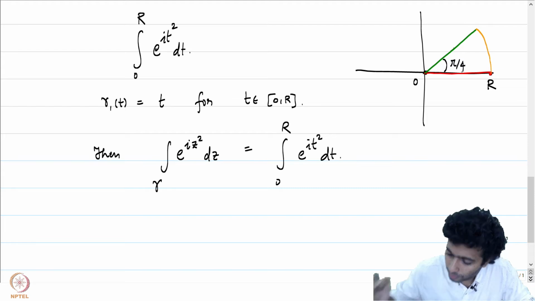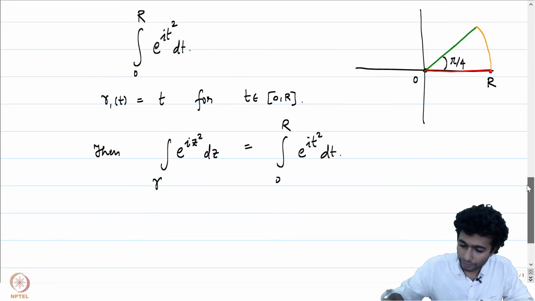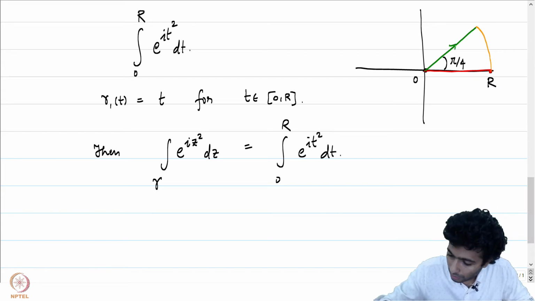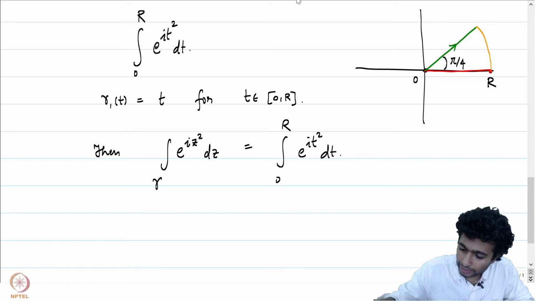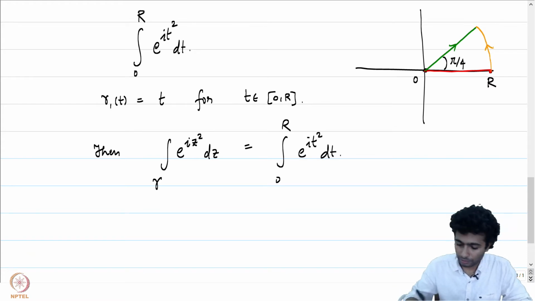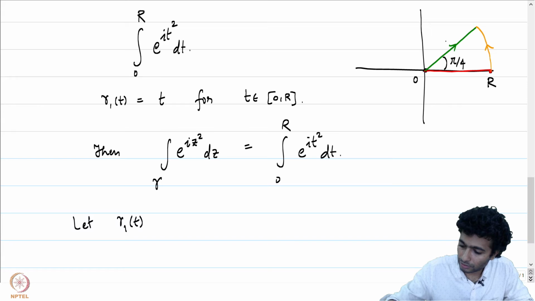This is pi by 4, and suppose this is the direction of the second curve.